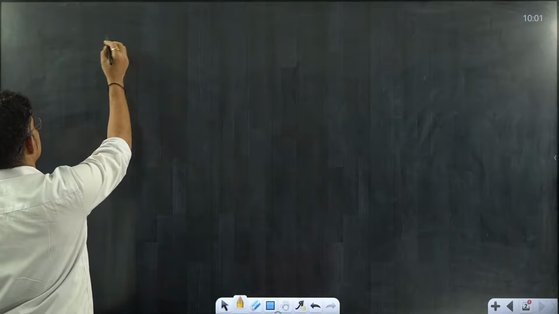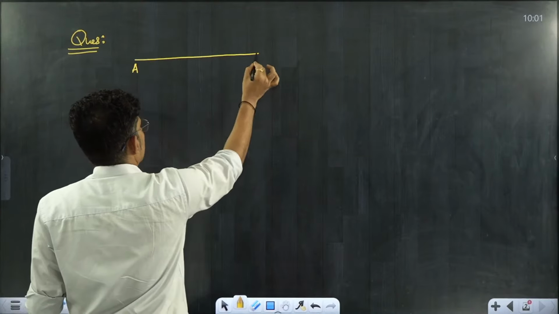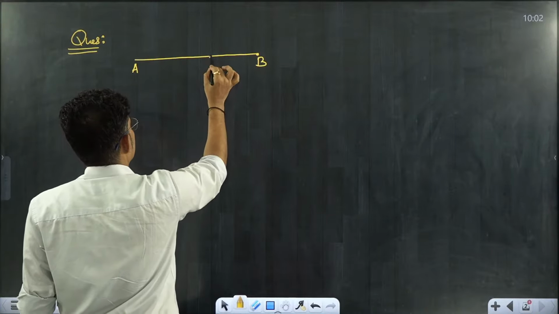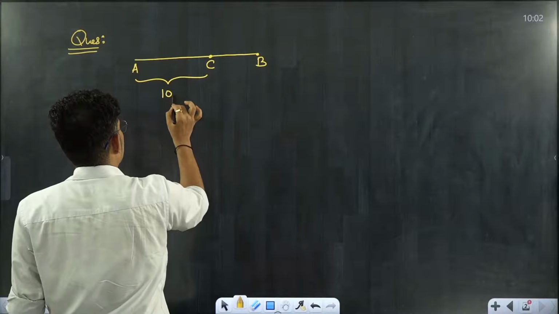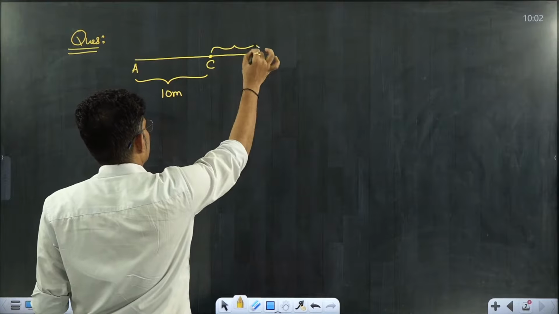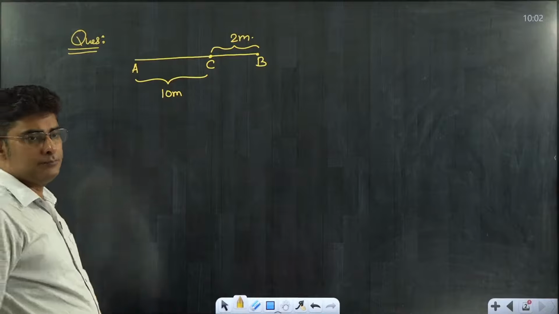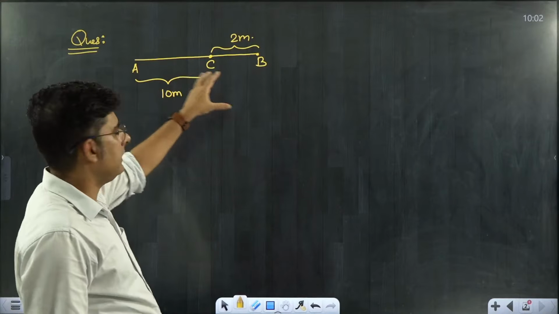So we start with, so you can see 10 meter and 2 meter lengths have been marked and there is a straight line path.